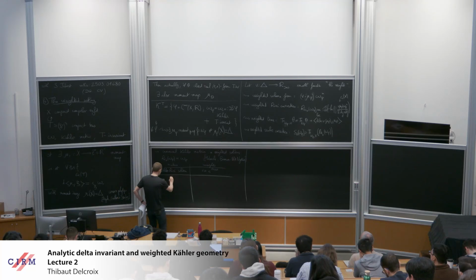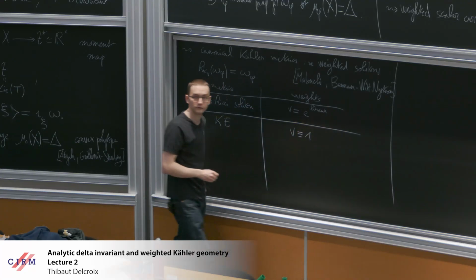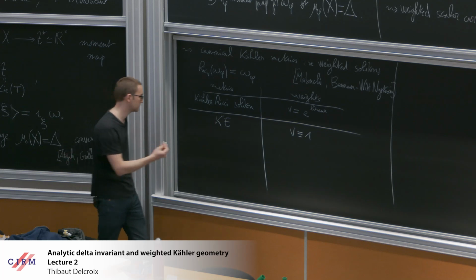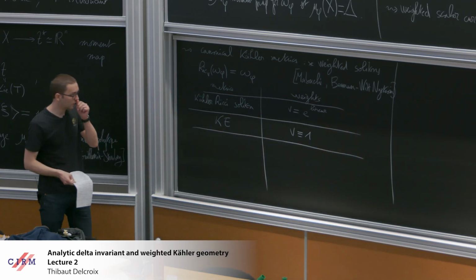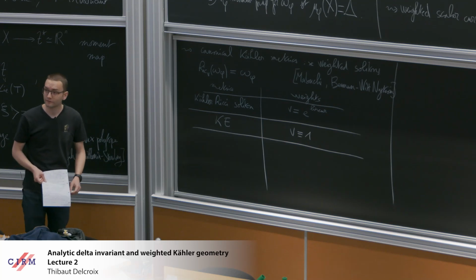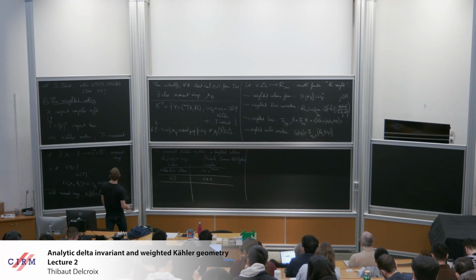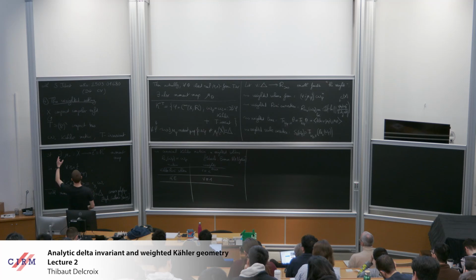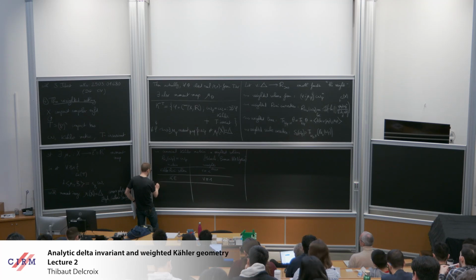Oh, I should have said this before, but the KE case is when V is constant equal to 1. But you have more interesting examples in the sense they come up in geometric settings, but which are not directly related. I mean, they're not really about X. They're about other manifolds.